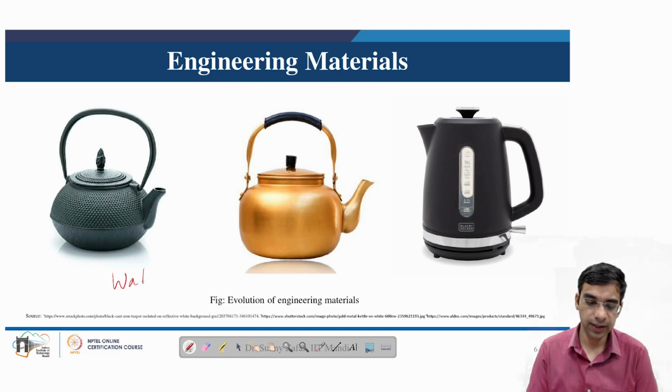We can see water kettle is not a new product. It has been used for several centuries for the same requirement, that is heating the water. Earlier these may be made of some ancient materials like shown here. Then materials like brass or bronze may be used, and the modern kettle we know is electrically operated and it has a heating element inside.